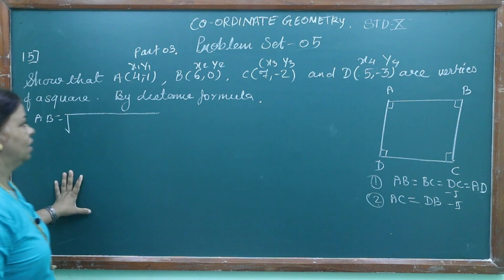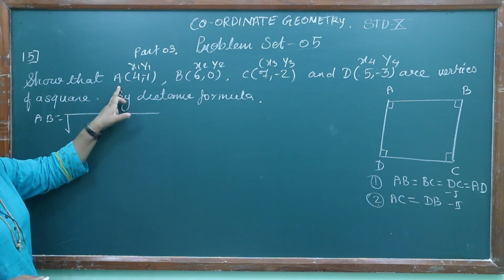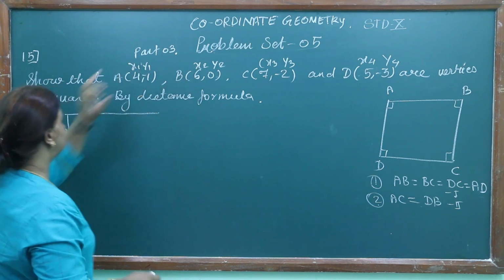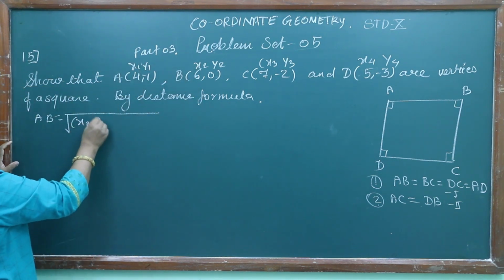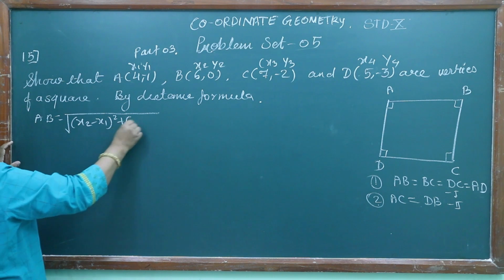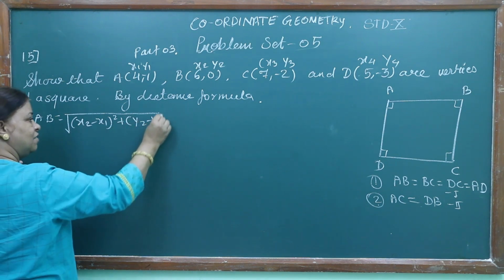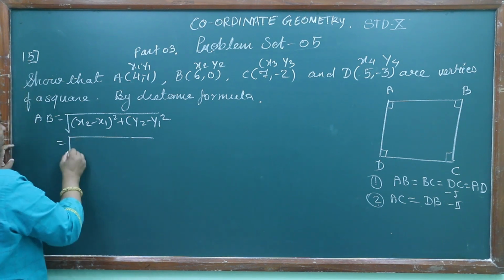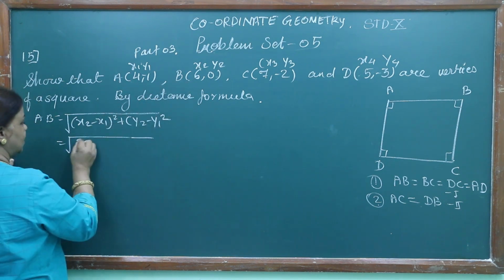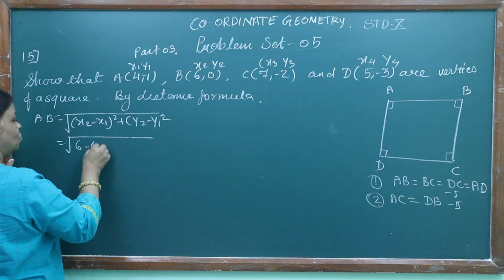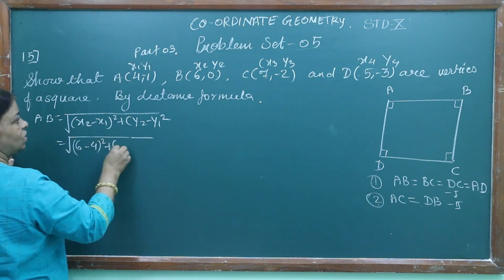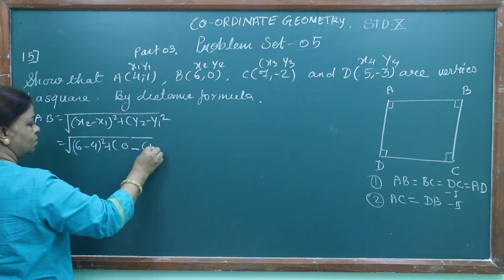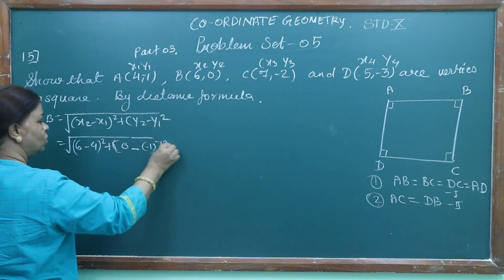Now if I am finding AB, I am finding the length between A and B. So by the distance formula, it is the square root of x2 minus x1 the whole square plus y2 minus y1 the whole square. Placing the values, what do we get? x2 is 6 minus x1 which is 4, the whole square, plus y2 which is 0 minus y1 which is minus 1, the whole square.